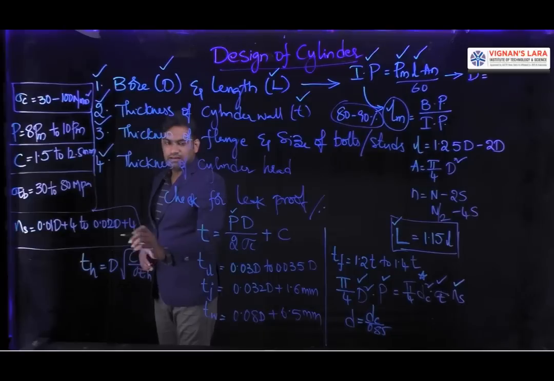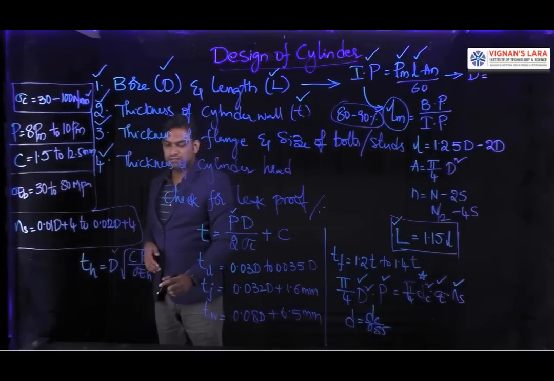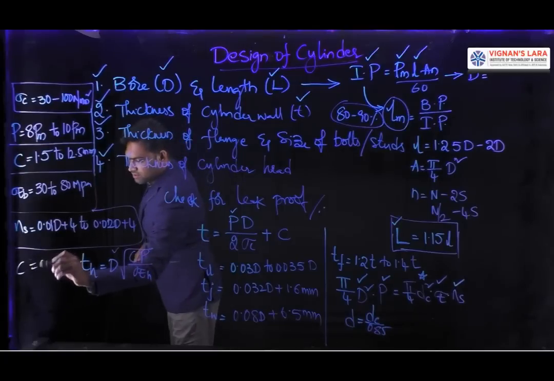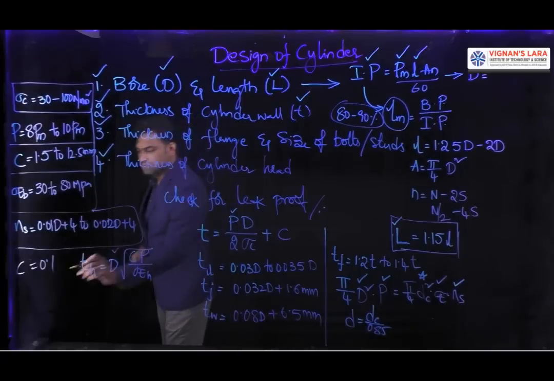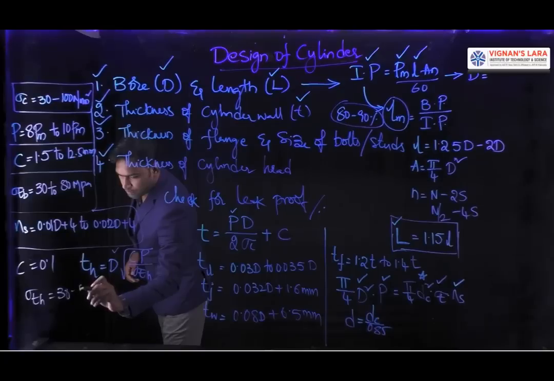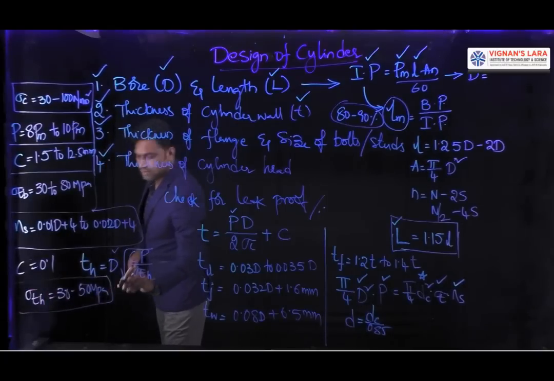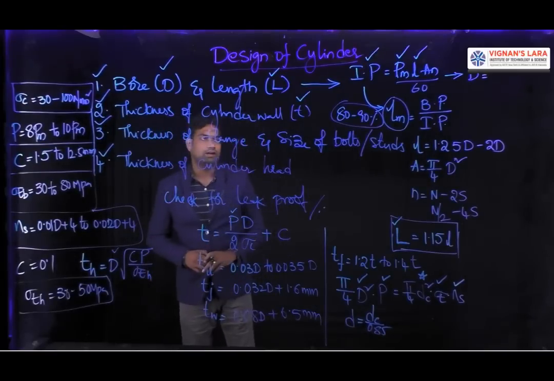Here again d is the cylinder bore, which is known, and c is a constant whose value is 0.1, and p is the maximum gas pressure, which is known, and the sigma th value is taken from 30 to 50 megapascal.